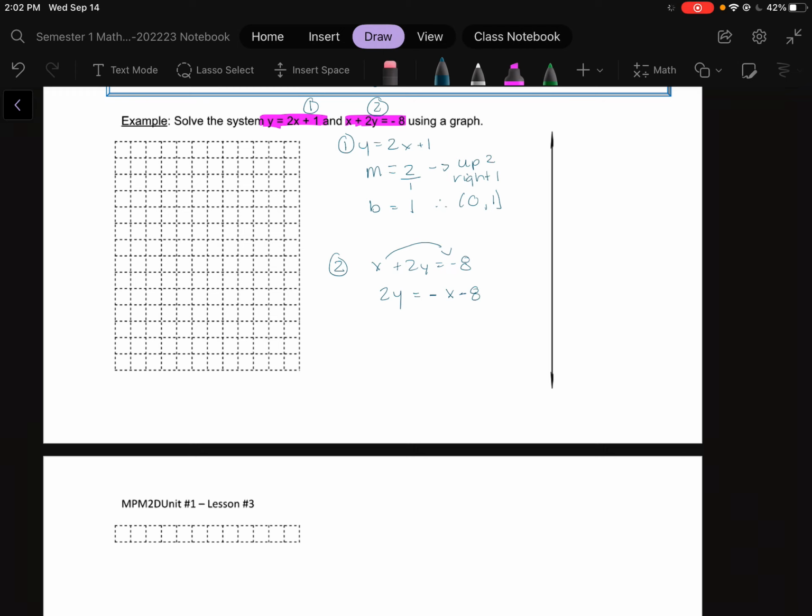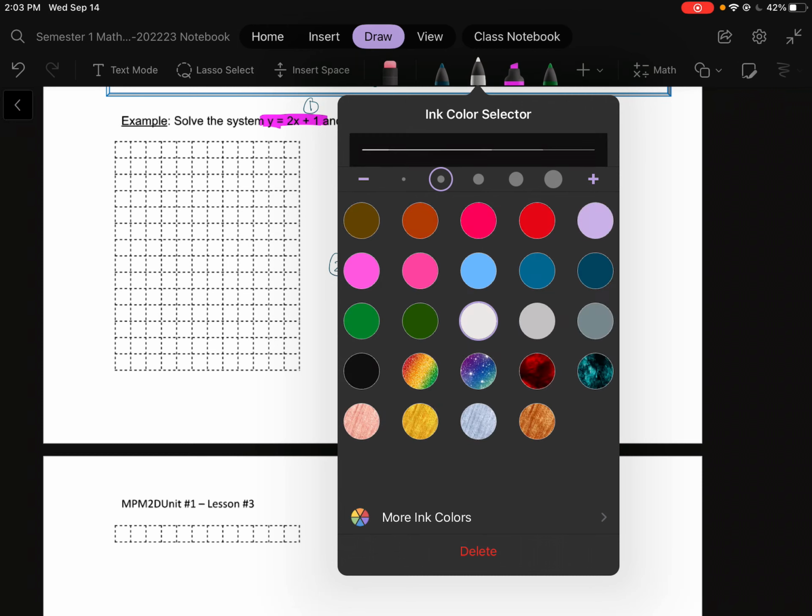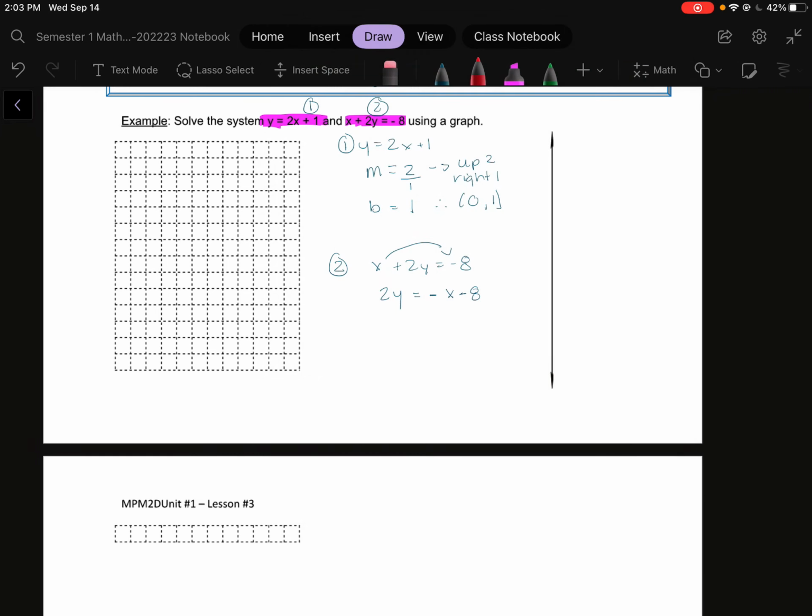We always know that x is always 1x, which is something we need to remember. Now we need to isolate y, so both sides are going to be divided by 2, and we isolate it so y is on its own.